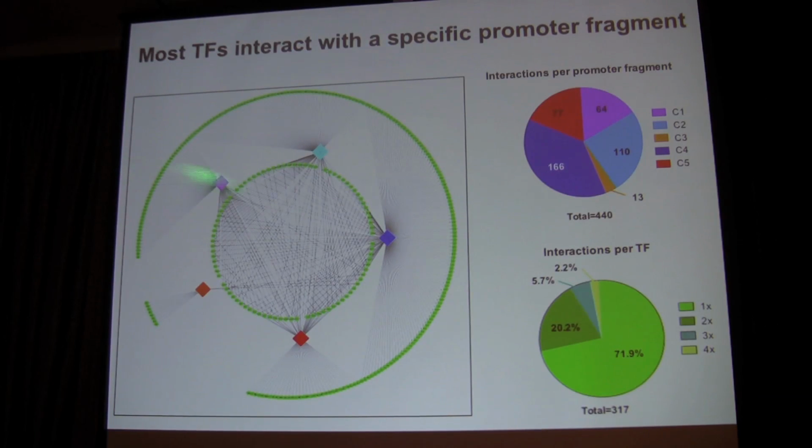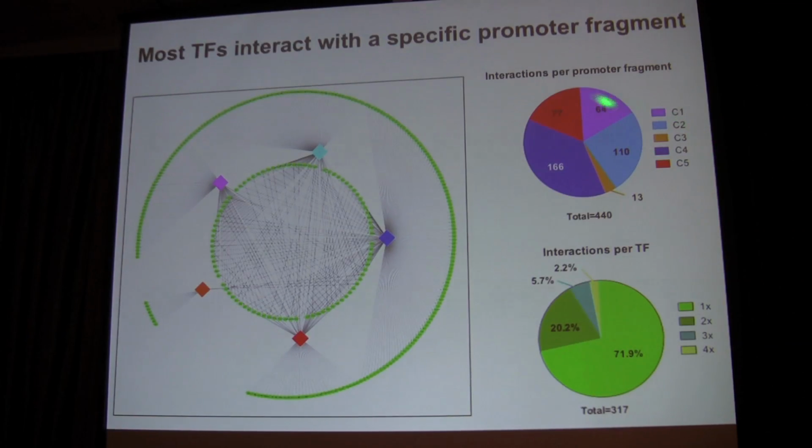But what I wanted to point out here, these different squares of different colors are representing the different short fragments that correspond to the CC1 promoter that we use. And as you can see, most of them are bound by a relatively similar number of transcription factors. The only one that has a completely different number is this promoter fragment C3 that we know has a very high level of autoactivation of the reporter.